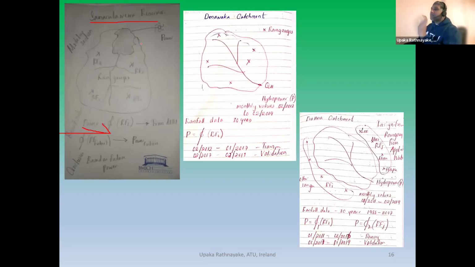It's a rough sketch in order to find the power generation from the reservoir. So what I was doing at the end of the day, if I can get the rainfall at these rain gauges, I could tell the power generated from the reservoir. That was one of my goals.